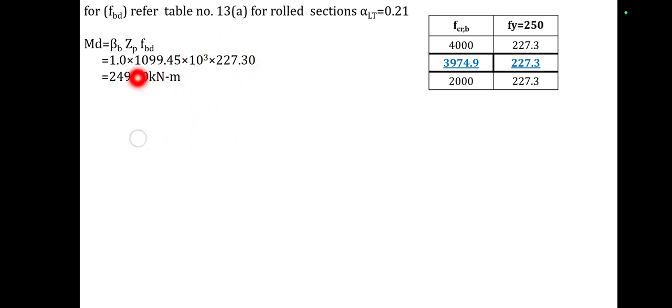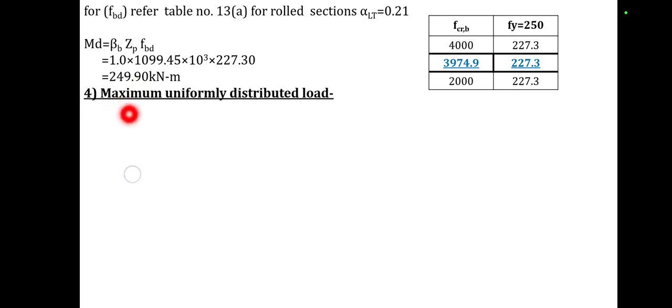So my value is 227.3. Substituting the values of ZP and FBD into the formula of MD, that is beta B ZP into FBD, I get the value of MD as 249.9 kilonewton meter. Then the maximum uniformly distributed load.